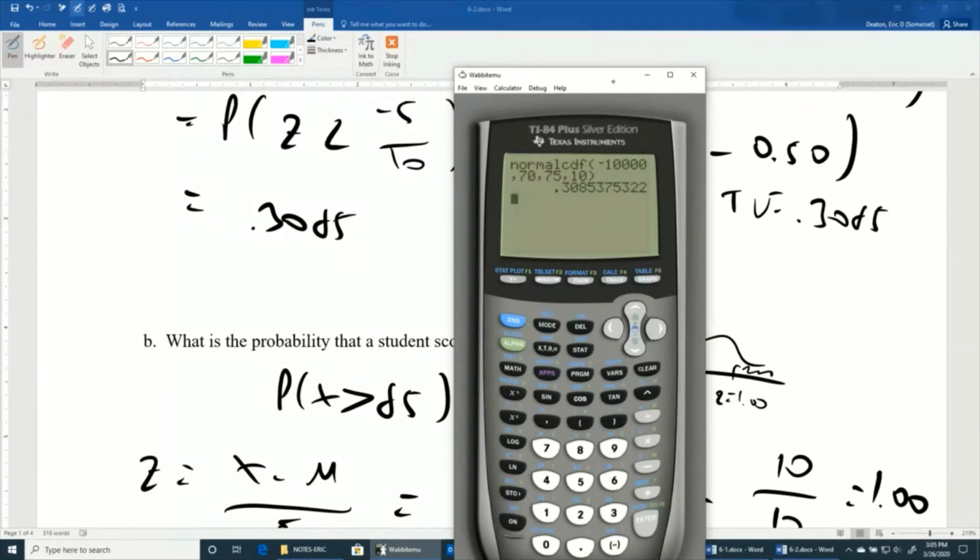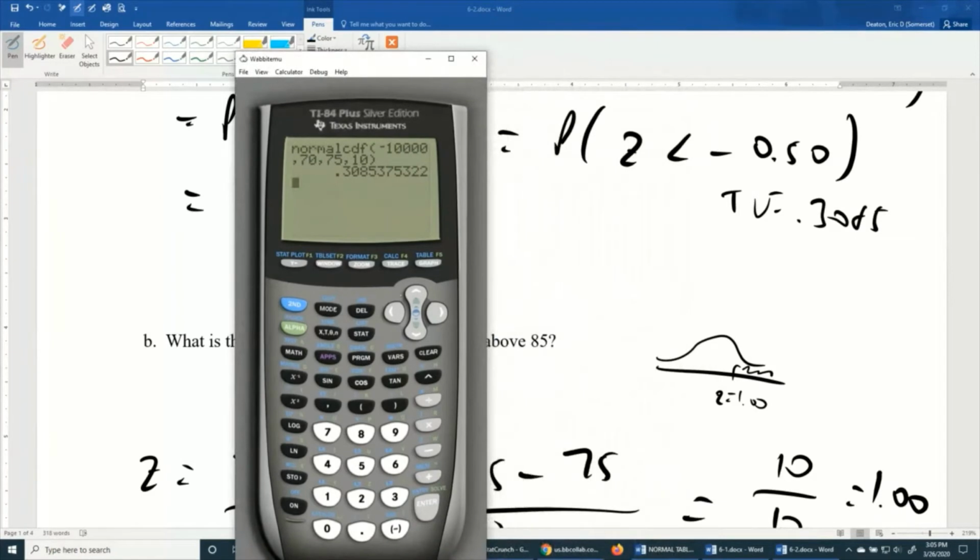Now greater than 85. If I hit second enter, it brings back up what I just typed in. This time, I'm doing above 85. The mean is 75, so 85 would be here.